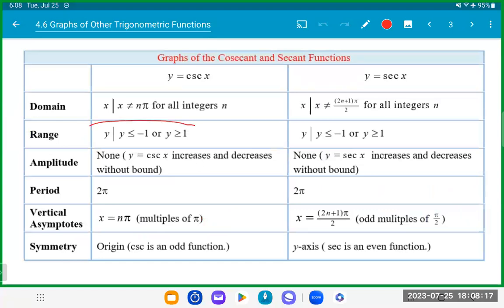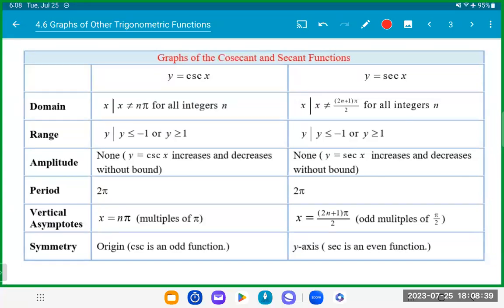So that's what this is saying for cosecant, and here for the secant. There's no amplitude for these because they increase or decrease without bound. That means they can go all the way up to infinity or all the way down to -infinity. So we don't have an amplitude.